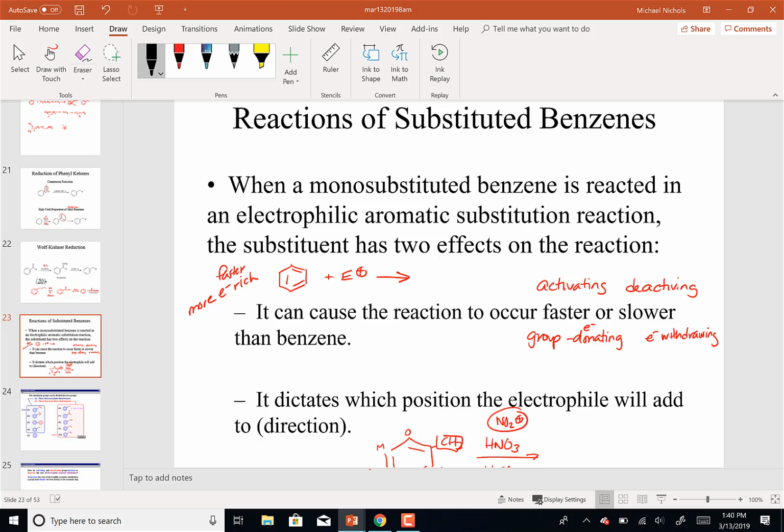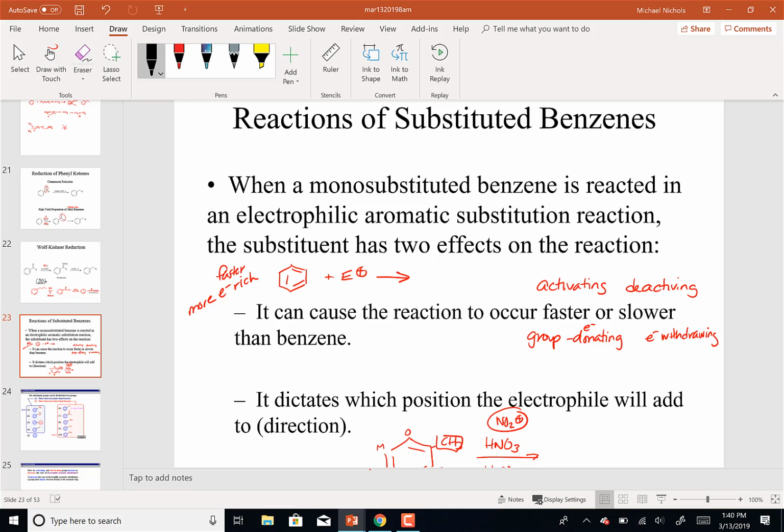Number one, it can cause the reaction to occur faster or slower than benzene. In other words, any group I put on the ring will make the ring react either faster or slower than just having a hydrogen there.